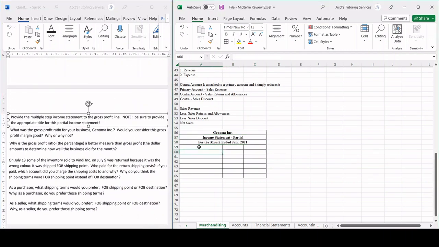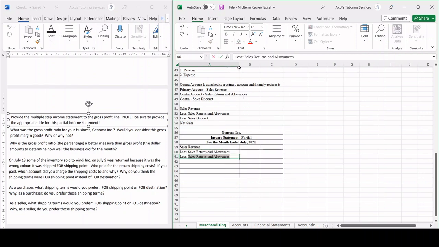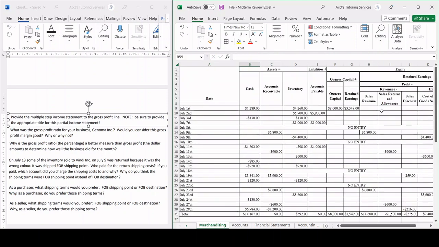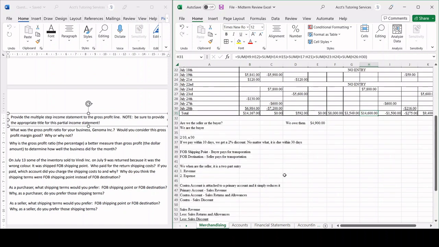So in this case, we're going to start off with sales revenue less sales returns and allowances less sales discount gives us net sales. So let's calculate this. So these balances I'm going to get from this over here directly. So sales revenue is 14,600.